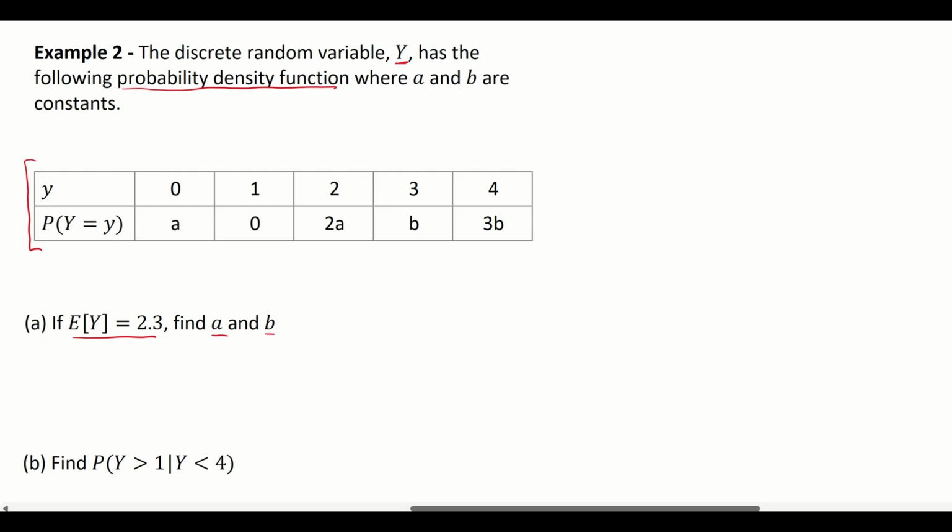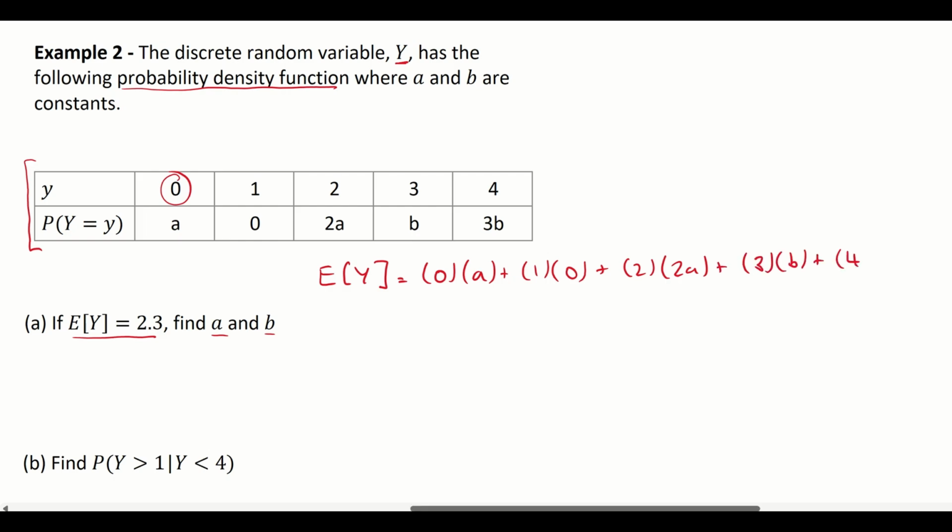Well, the expected value of y, if we were to calculate that, that's just 0 multiplied by the probability that it occurs, so a, plus 1 times the probability that it occurs, which is 0. And you continue to do this all the way down the line. So 2 times 2a, and 3 times b, and 4 times 3b.